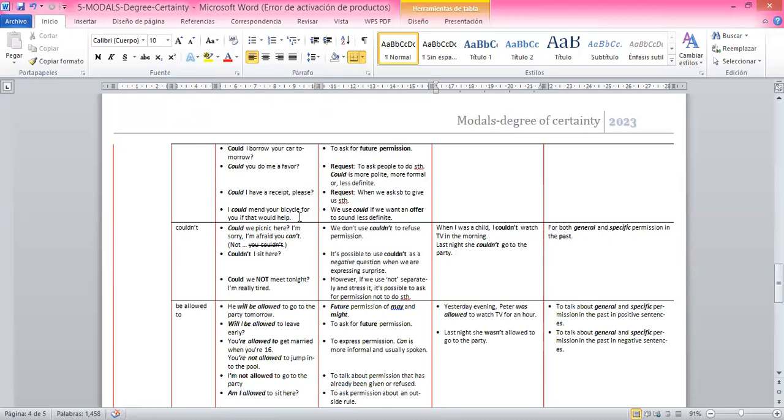In this last example, it is not for permission, but you're giving an offering, an offering to do something for another person. Nobody is asking for your help. Nobody is asking for permission. You're offering to do something for another person, right?